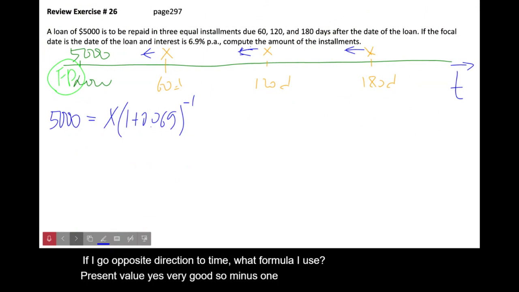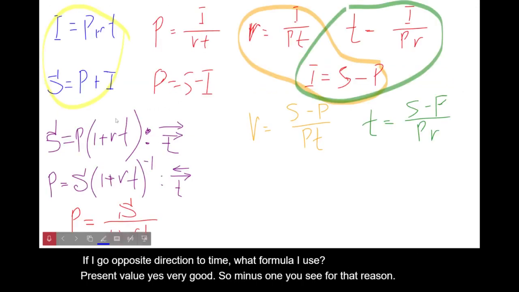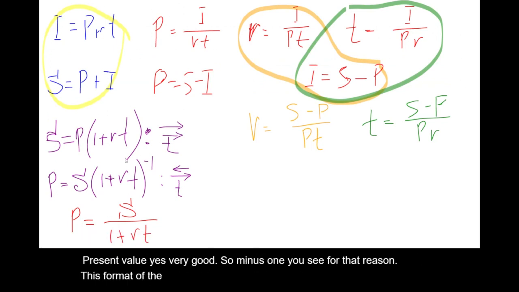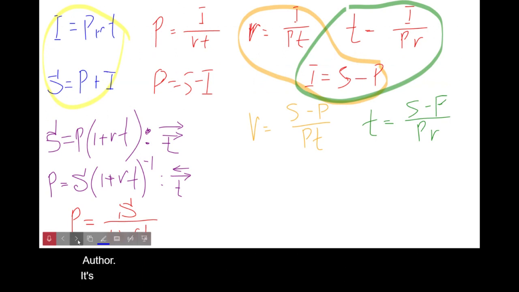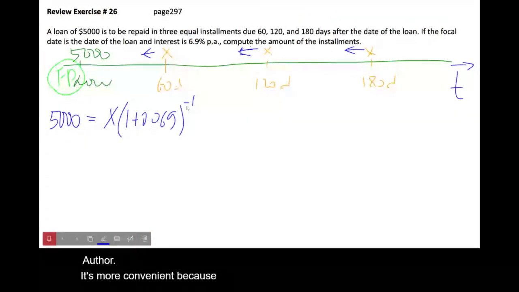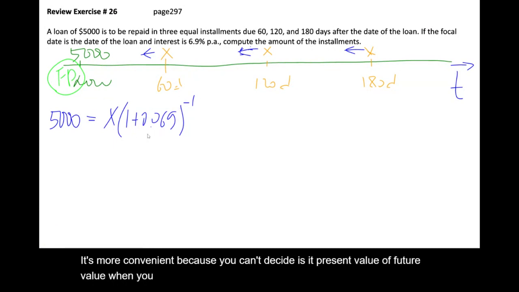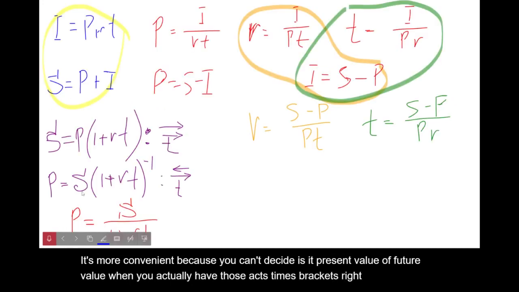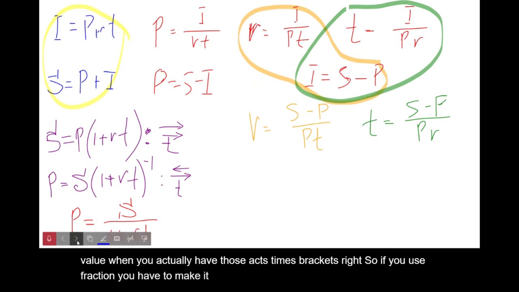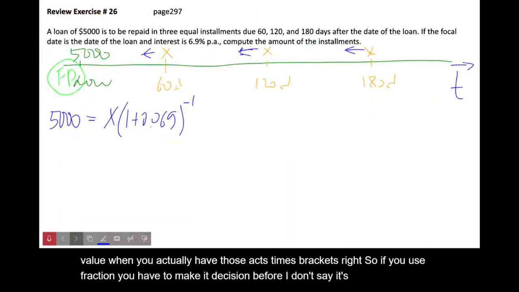You see, for that reason, this format of the formula that I offer is more convenient because you can decide if it is present value or future value when you actually have those x times brackets, right? So if you use a fraction, you have to make a decision before. I don't say it's wrong or hard. It's just a matter of habit.